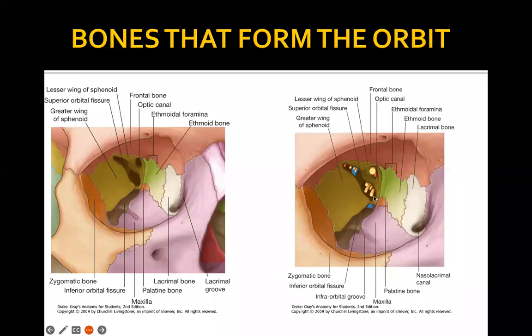So let's look at the content of the orbit, also very important here. Let's first begin with the one we are familiar with, which is the superior orbital fissure. We already know that cranial nerves 3, 4, 5, and 6 pass through, and then also a certain vein passes through.